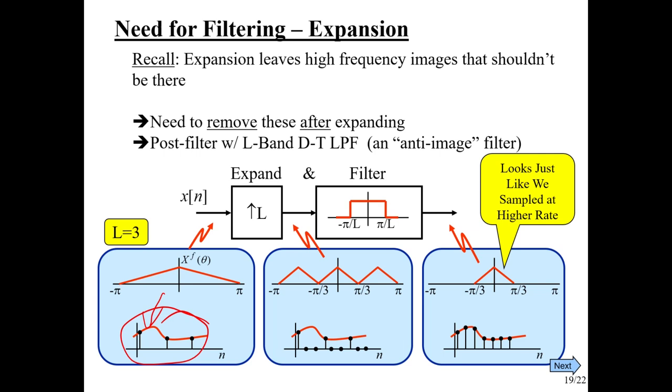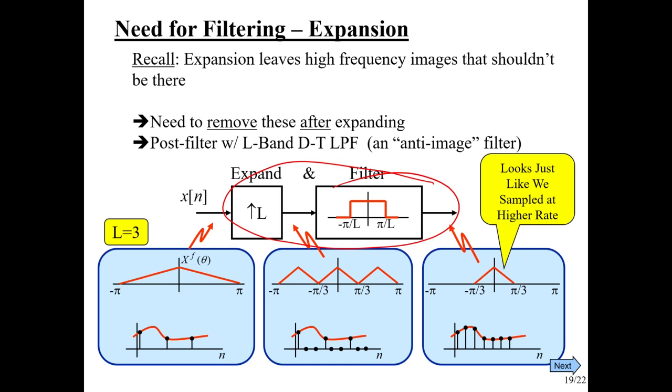So if I can create the entire red continuous time signal, it's actually a little easier to just create a few extra points that lie on that red thing. So that's all I'm really doing. So this is kind of acting like a DAC, a discrete time DAC. It's a digital to digital converter.